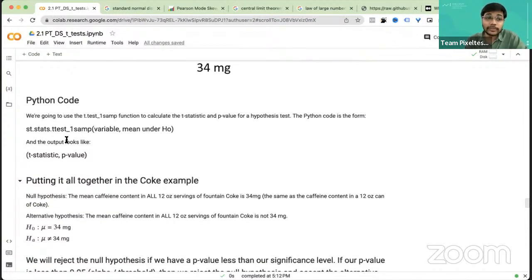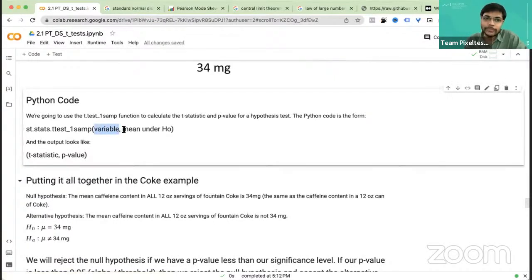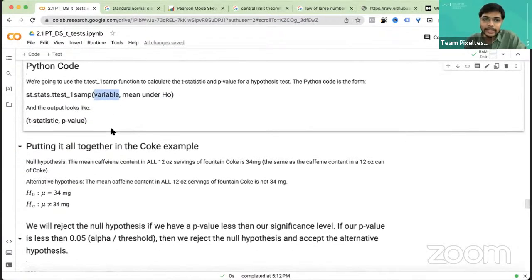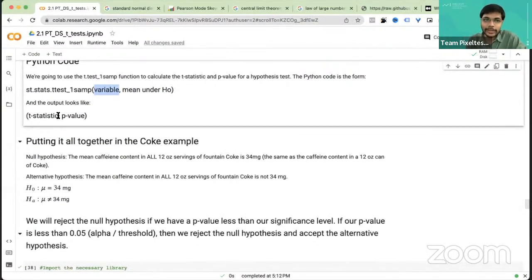Now we have a function which is stats.ttest_1samp, where we give our whole data frame and our initial hypothesis, the mean under the null hypothesis. So we have given 34 and all 50 data points, right? Then we have got two outputs: one is the t statistic and one is the p-value, right? So we are more concerned with this p-value.